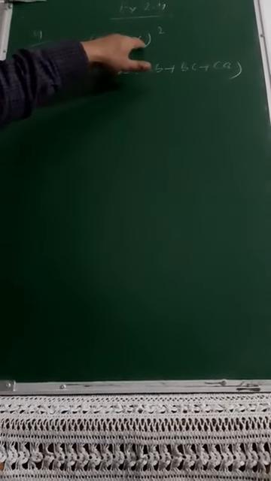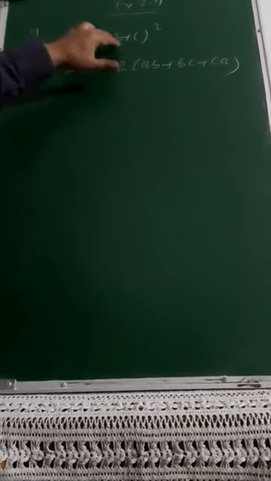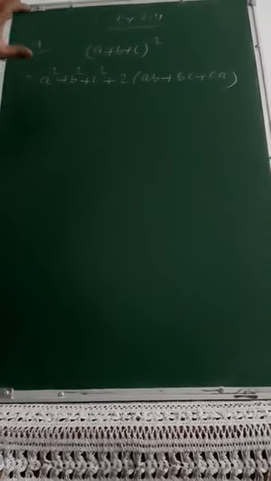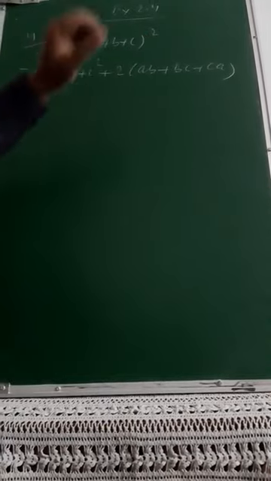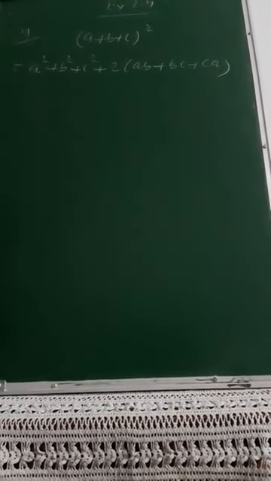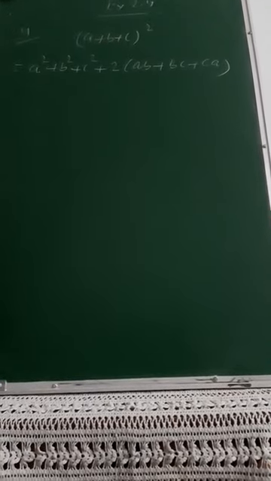Out of this a, b and c, if any variable has a negative sign, you take that particular variable with the negative sign, put it inside the bracket, but apply the same identity throughout. If any one is negative or all three are negative, then at once you can take the negative out, and then a plus b plus c again you can apply.